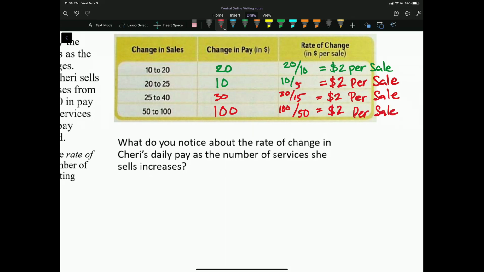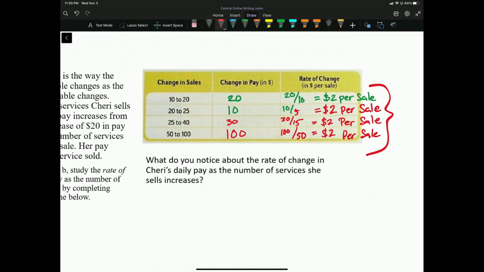All right, what do you notice about the rate of change in Sherry's daily pay as the number of services she sells increases? It's all the same, right? You can see that right here. They're all the same. It's all going to be $2 per sale. So again, just like we said earlier, looking at the table, it looks like a linear pattern, right? It's a constant rate of change.